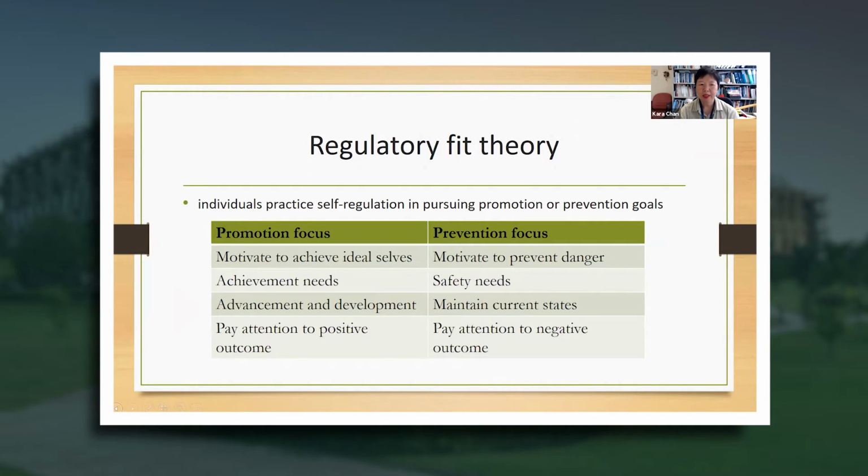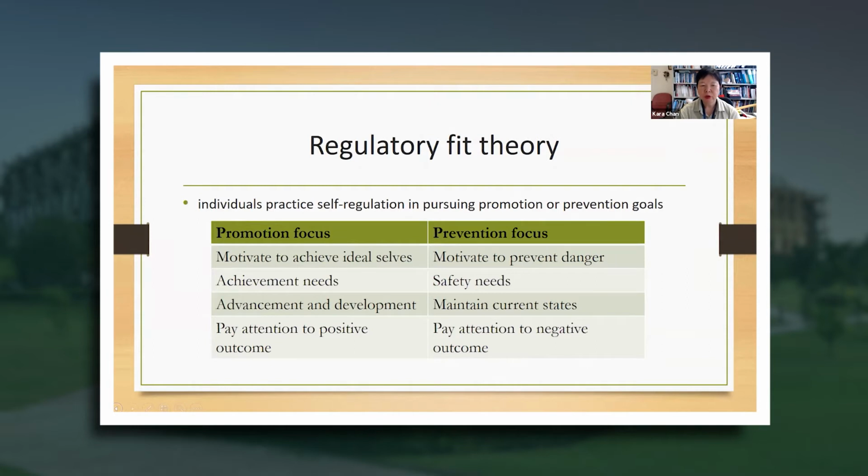It basically says that each person has a self-regulating system in our mind, so that we will orient ourselves towards certain messages. These messages can be classified into two orientations. One is more promotion focused and one is more prevention focused.